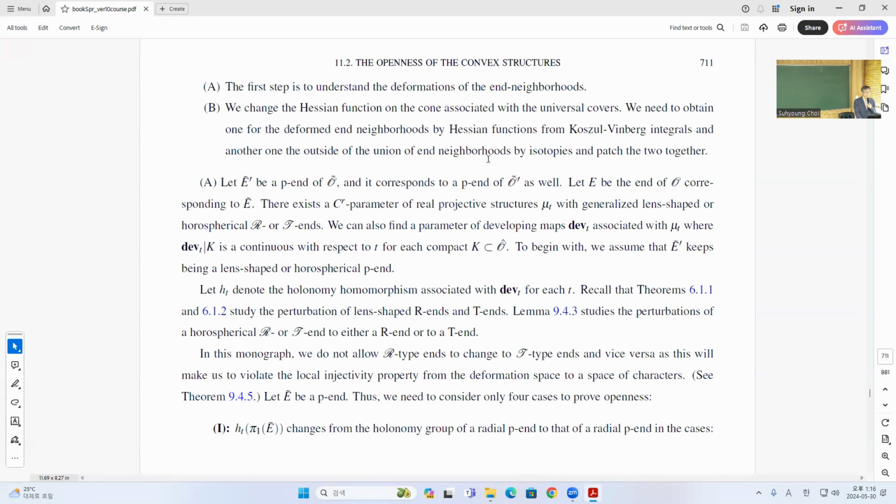We obtain one for the deformed neighborhood by Hessian functions from the big function, and another one outside the union of neighborhoods by isotopies, and we patch these together. Okay, so we vary these two functions independently, but in the end, since they are very close, we can patch these together. Okay.